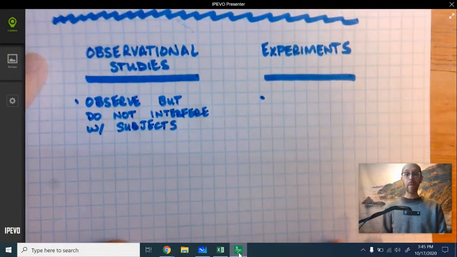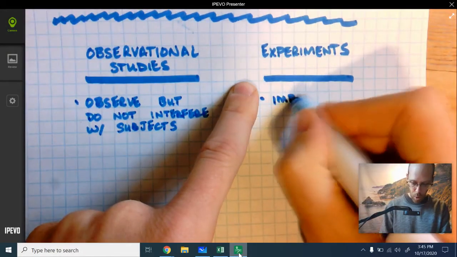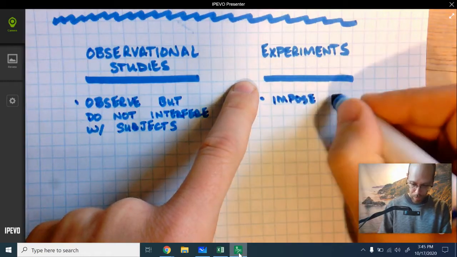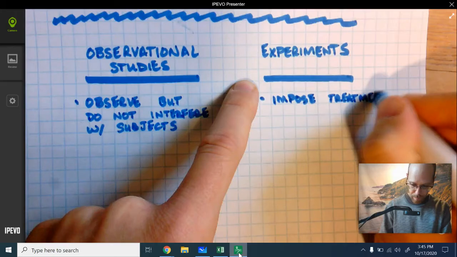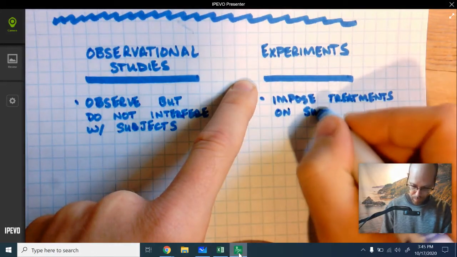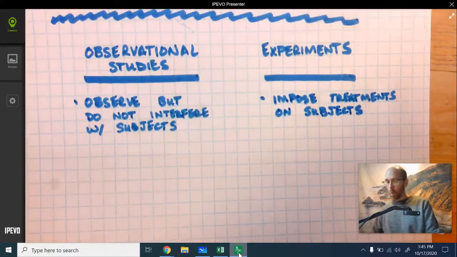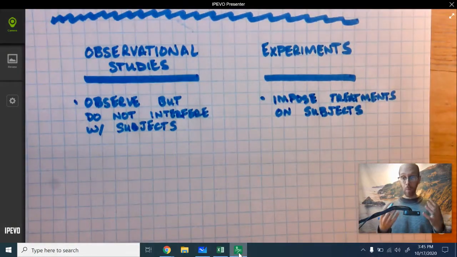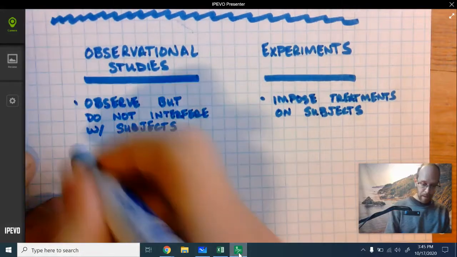The other kind of study that we're going to look at is an experiment, and this is where we actually impose treatments on our subjects. Now, why is the difference between these important? Because of this. And if you get one thing out of today's lesson, I want it to be this one.